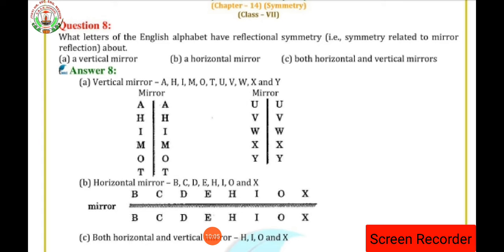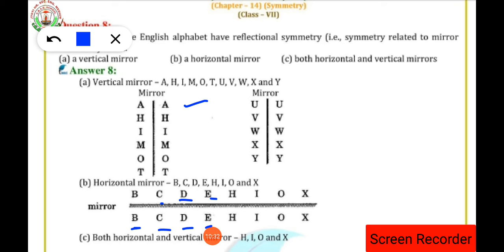So here, for the vertical mirror: A, H, I, M, O, T, U, V, W, X and Y. Since, students, here we are talking about mirror reflection. When alphabet A looks like this, exactly the opposite, then B will look like this, C will look like this, D, E, then F does not have a line of symmetry.